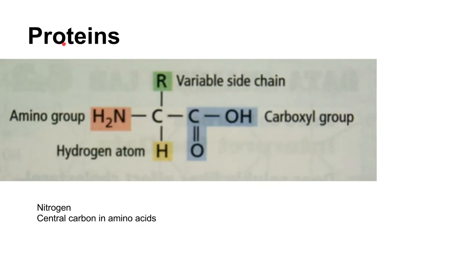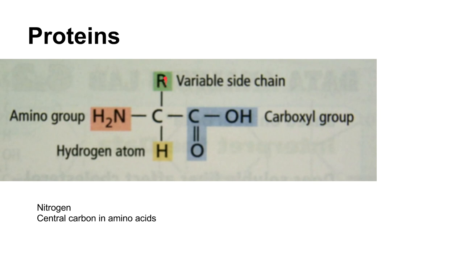Okay, so proteins. Proteins contain nitrogen, so that makes them different. They also have this central carbon within the amino acid, and we always have this NH2, this amino group. This is just a single little nitrogen for each amino acid.